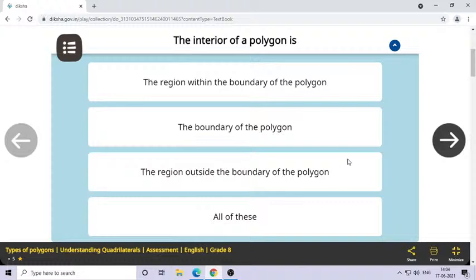Okay, so now you can write the answer for this question.